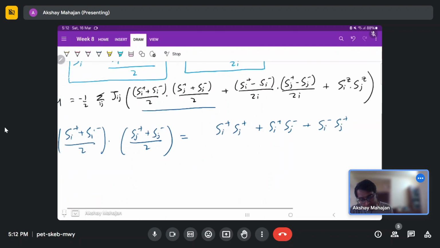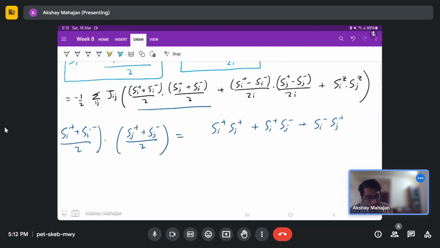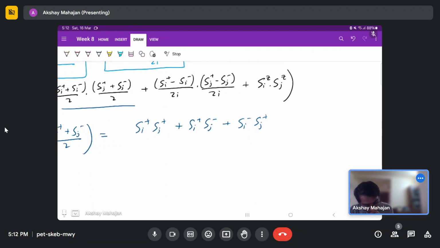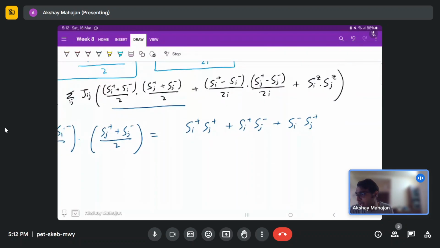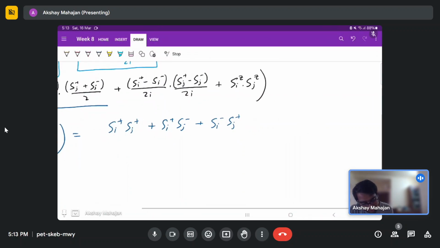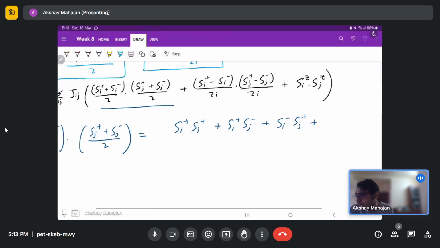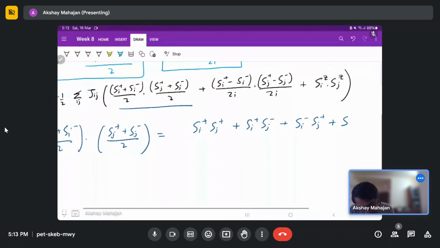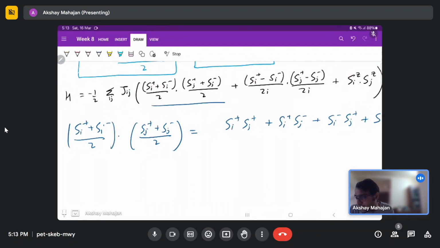As you remember from the commutation relation, AB is not equal to BA if A and B are operators in quantum mechanics, unless the commutator of A and B is 0. So in this case, with i and j, right now you should write them in this fashion only: S_i minus S_j plus, and then S_i minus S_j minus.